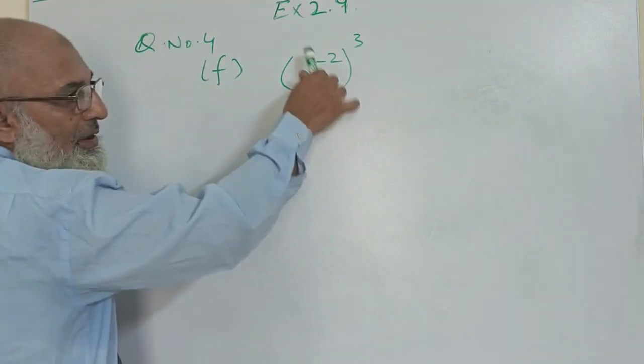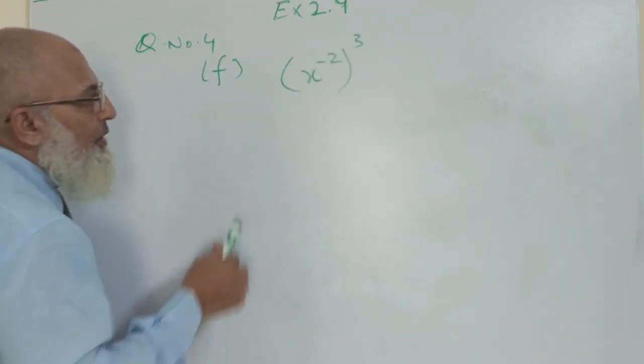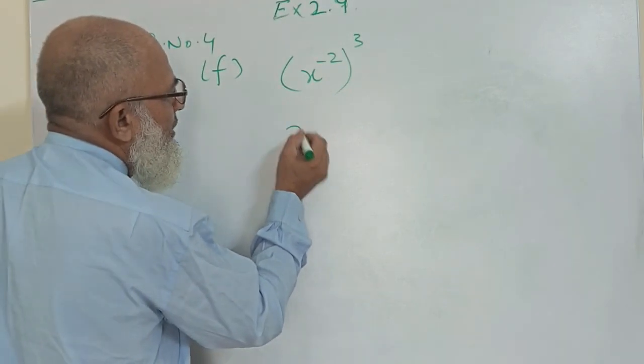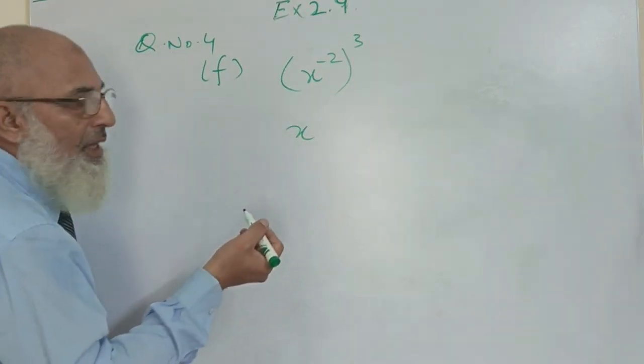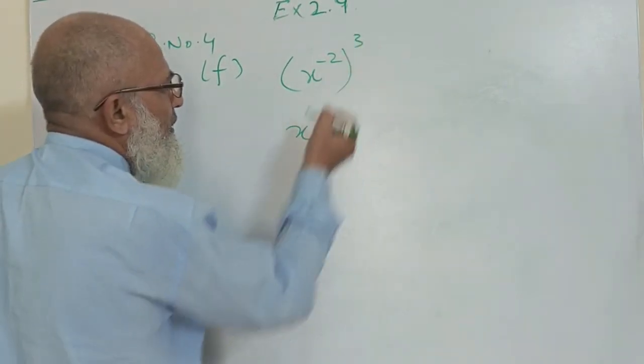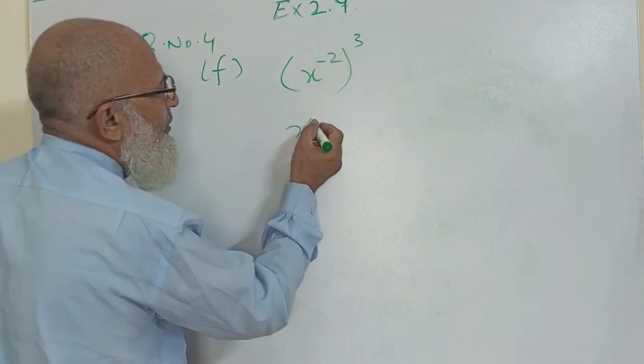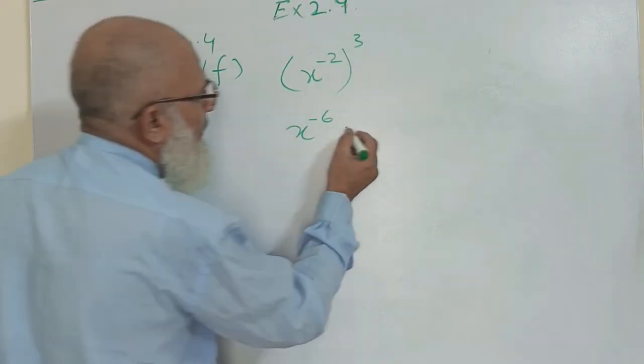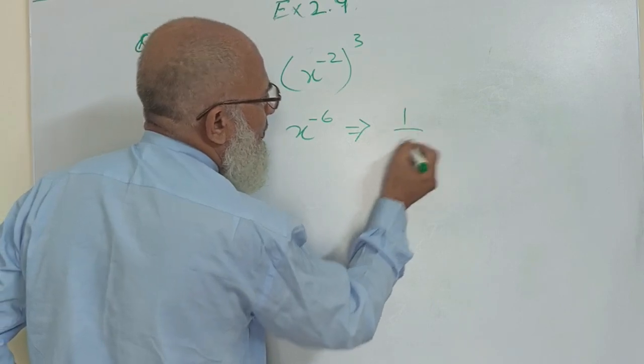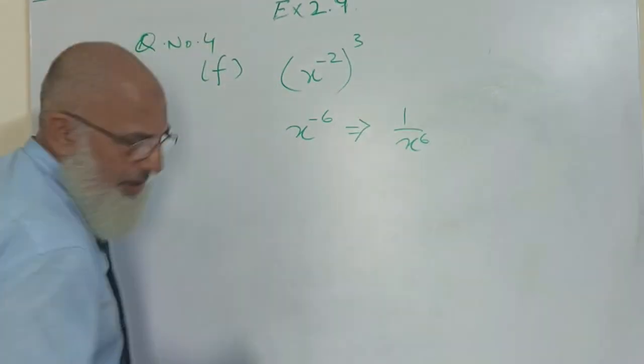Since it is raised to power, we'll use the raised to power indices, will minus 6. So it will become 1 upon x 6. It was easy.